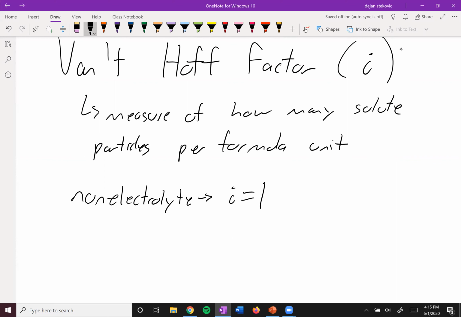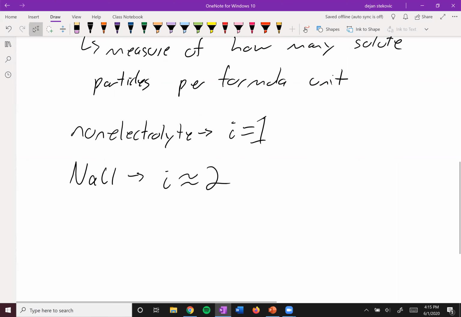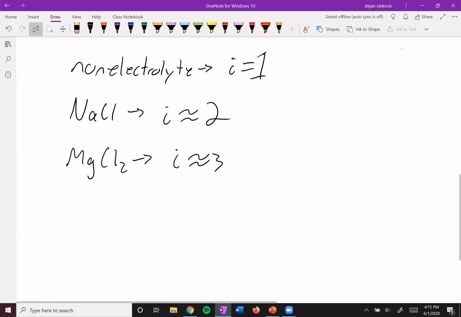Each sugar molecule is going to act as one sugar molecule. If you have something like sodium chloride, you would predict that it would dissociate into two things, and so you'd predict a Van't Hoff factor of about 2. Something like magnesium chloride, you have 3 particles here, right? 1 magnesium, 2 chlorides, so you'd predict the i would be 3.